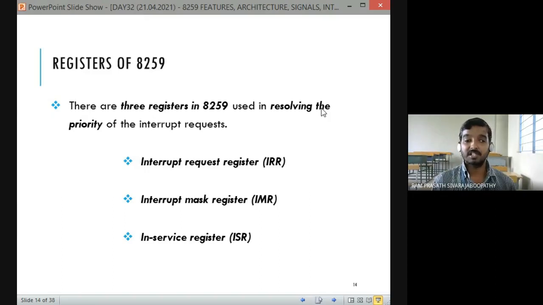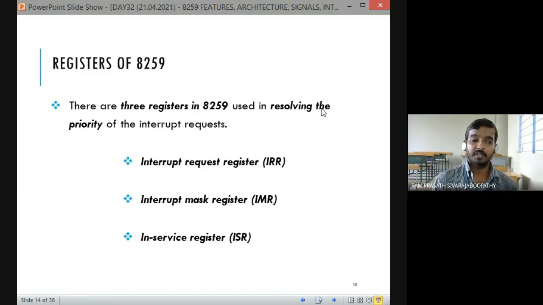If it is edge triggered, then the interrupt request will be stored into the IRR. Otherwise it will not be stored. In the case of level triggered, the request stays in the IRR as long as the interrupt pin logic is 1. And if the interrupt request goes away, what does it mean? It is not requesting at this point of time. That means the request will not get stored in the case of a level triggered interrupt. In the case of an edge triggered interrupt, when an interrupt occurs and goes away, the request will get stored into the IRR. Fine. So the functionality of IRR depends on the edge sensitivity.